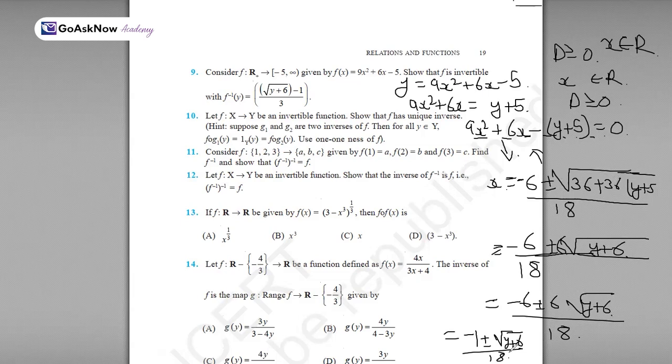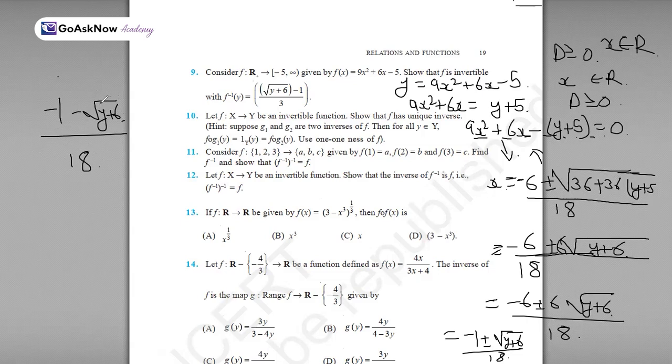If you take the minus value of y plus 6, the minimum value of y plus 6 should be what?